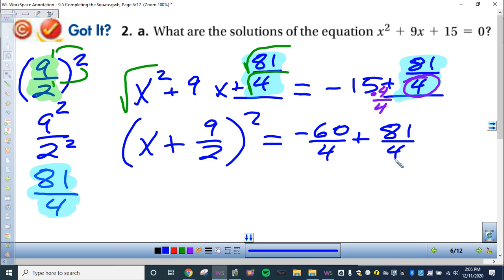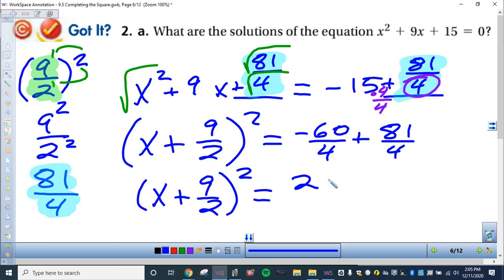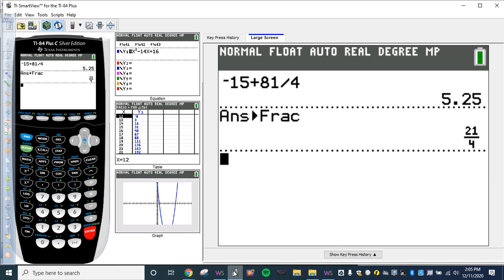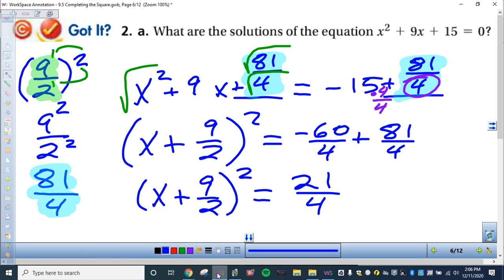And when you're adding or subtracting with fractions, you either add or subtract the numerators, leave the denominators alone. So 81 minus 60 is 21. So we have x plus 9 halves squared equals 21 over 4, like that, which is what we got when we did the graphing calculator, right? 21 over 4. We got 21 over 4, so it's a good built-in double check.